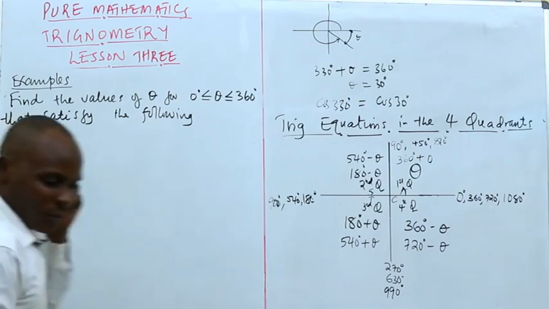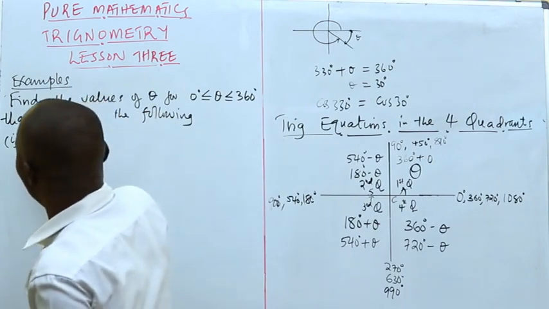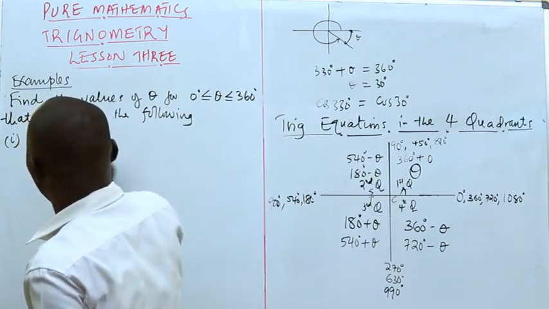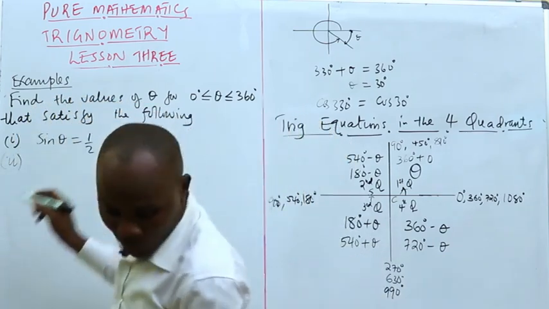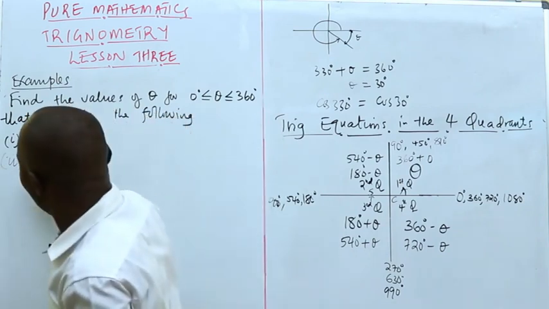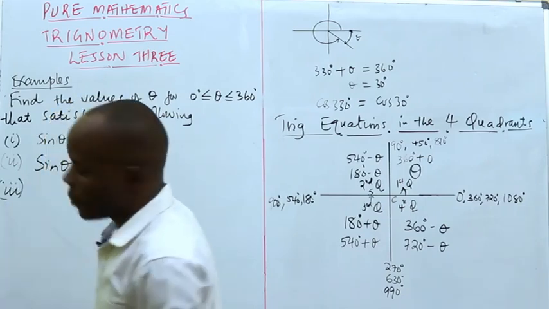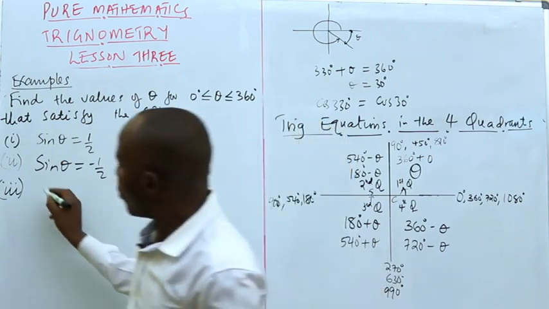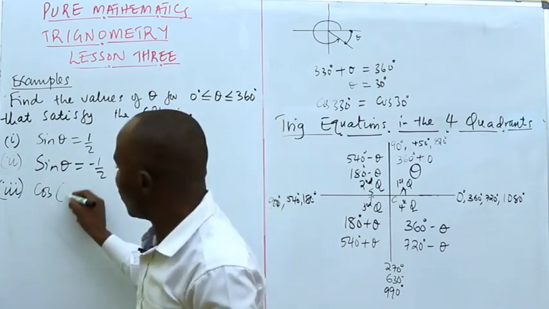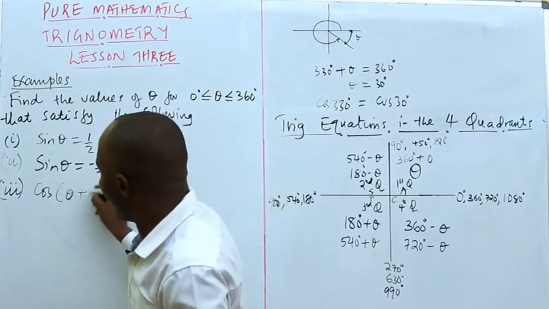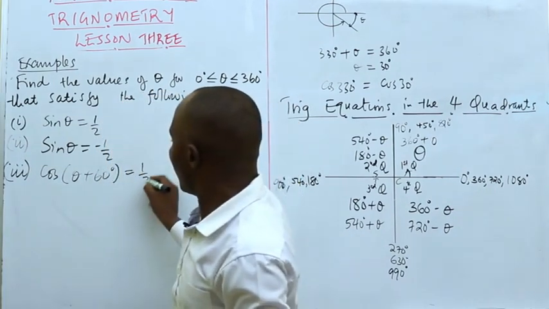Roman 1, we have sine theta is equal to a half. Roman 2, we have half sine theta is equal to negative a half. Roman 3, we can have cos of theta plus 60 degrees is equal to a half.